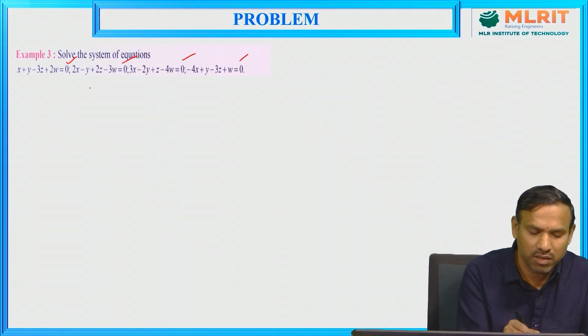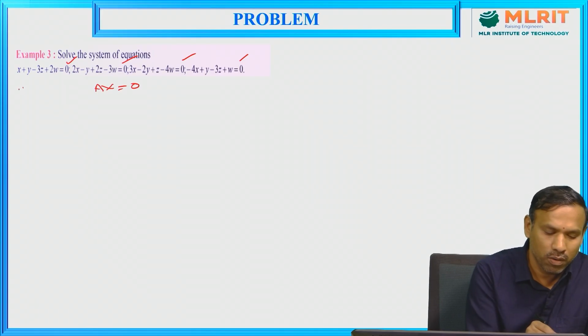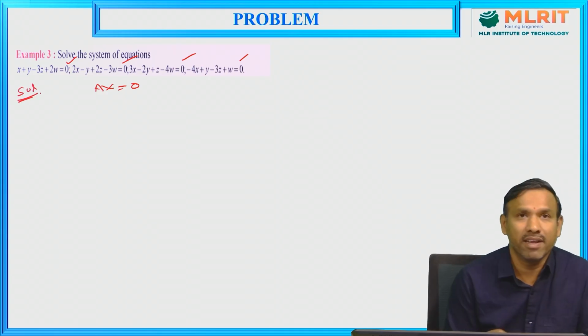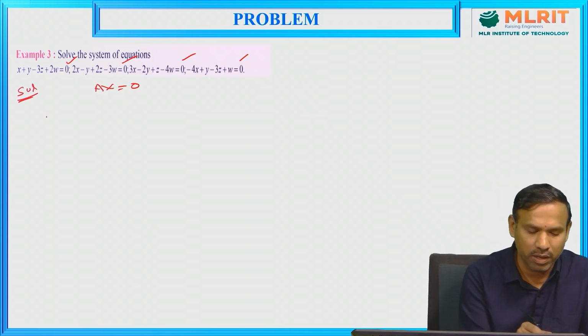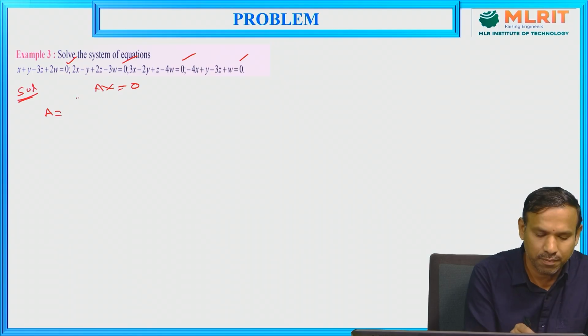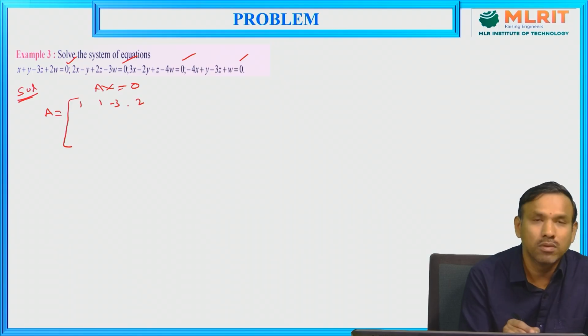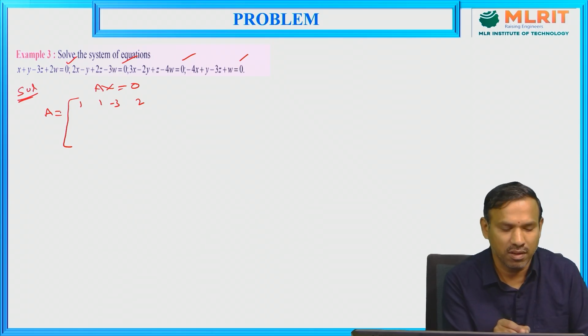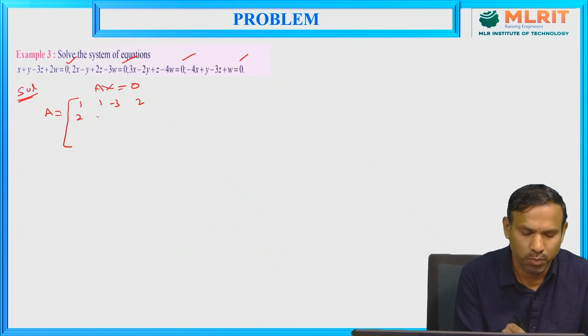Given a homogeneous system of equations, how to solve? First of all we will convert to matrix representation. Ax is equal to 0, where A is called the coefficient matrix. What is A here? First row 1, 1, minus 3, 2, the coefficients of x, y, z, w in the first equation. Second equation 2, minus 1, 2, minus 3.